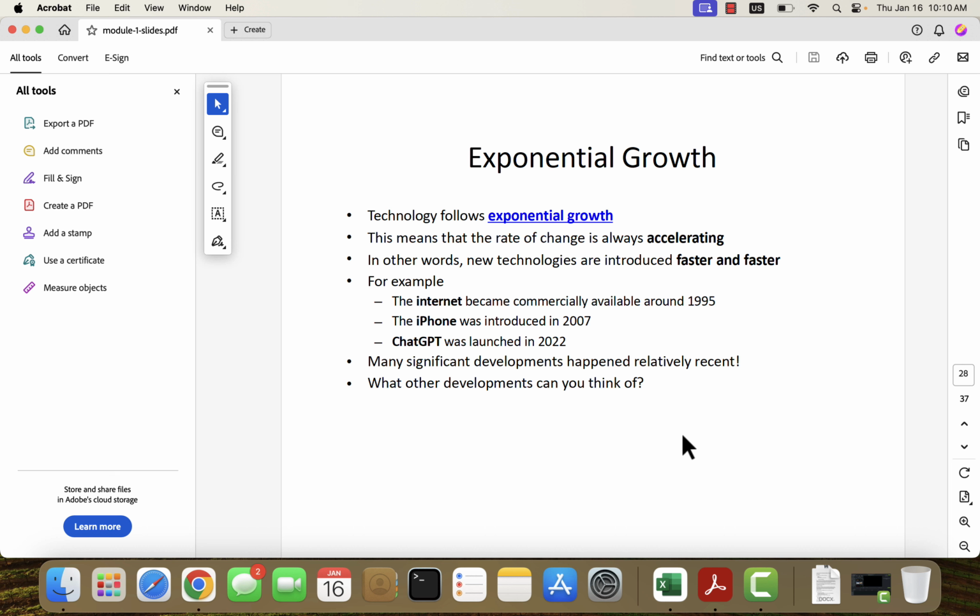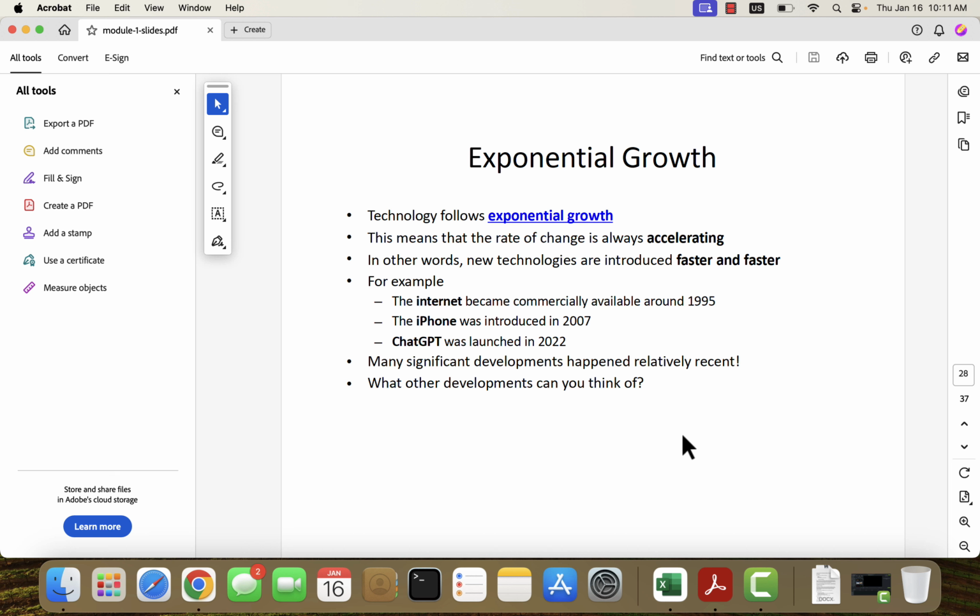And obviously, as you must have noticed already, technology follows exponential growth. If you compare with most of the other areas, if not all other areas, technology is growing much more and much faster than all other areas.